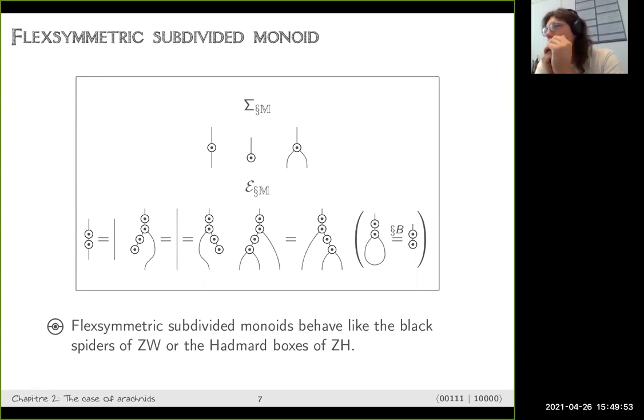And then if you apply the softening trick, you redefine your AND gates to put this Hadamard gate on top. And this is how you obtain the Hadamard boxes. So this is the point of view on the Hadamard boxes of ZH. That's in fact what you did is to force the AND monoid to behave nicely with respect to the cups and caps. So this is the point of it. We'll see later if we can have this kind of point of view.